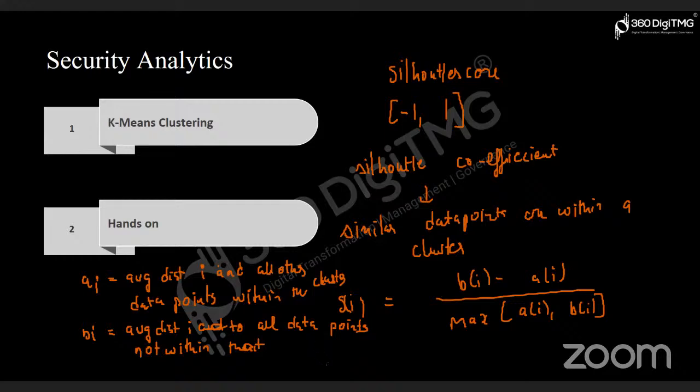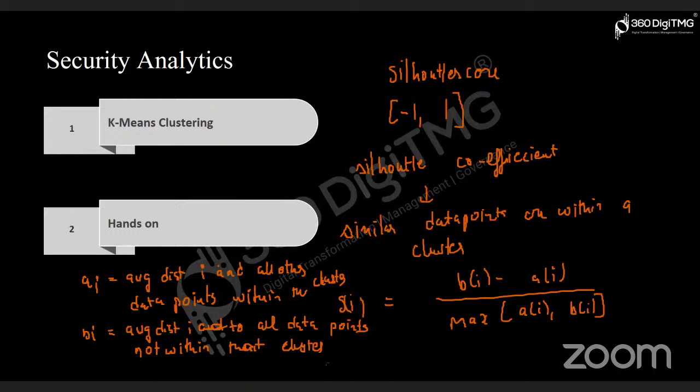So basically what you're doing is you have defined your cluster, right? So within your cluster, you have some data points. Now what you're trying to find out here is first the distance that data point has to all the other data points that are present in its cluster. Okay, so you calculate the average of the distance. You find the distance for all the values and then you divide it by the total number of data points.